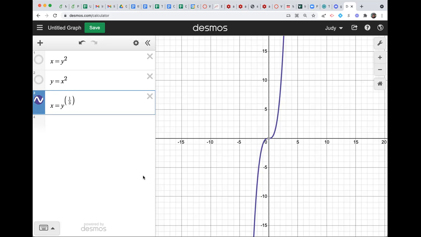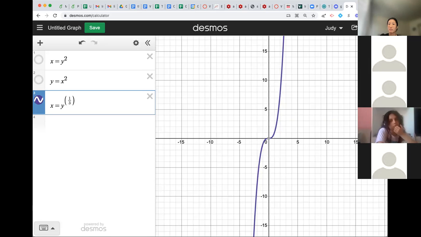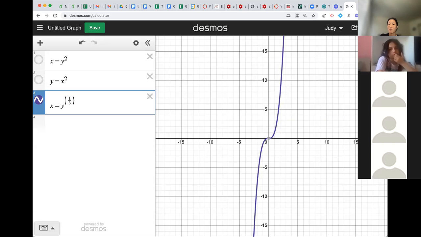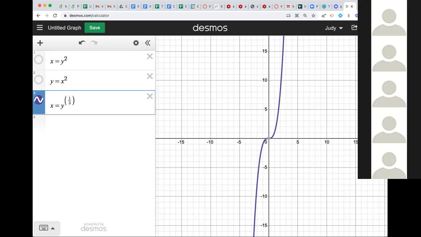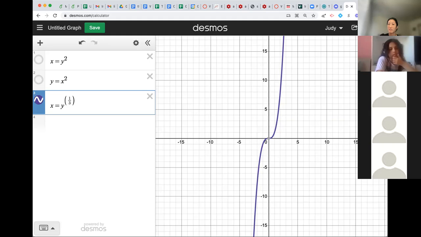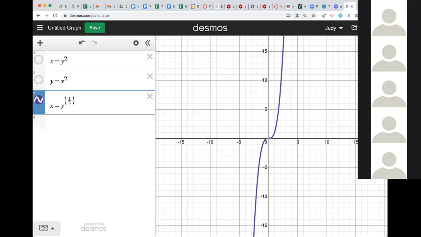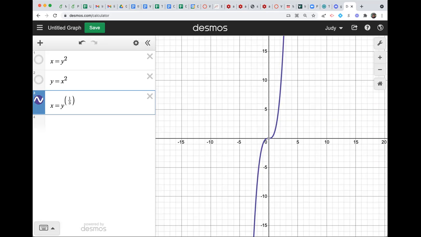Okay. So how many of you have heard of this vertical line test before? Anyone? You can give a quick thumbs up if you have. All right, so the vertical line test is one way that we can tell whether a function is a function.